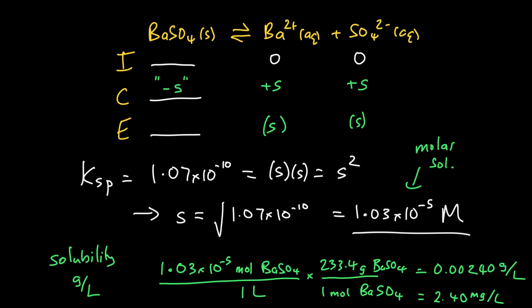But we can see here much less than a gram can dissolve in a liter, only about 2,000th of a gram. So our General Chemistry 1 book would say that is insoluble. But now we're a little bit smarter. We can say, well, everything can dissolve ever so slightly, and there's about 2.4 milligrams dissolving in a liter. So not much at all, but we can actually calculate it.